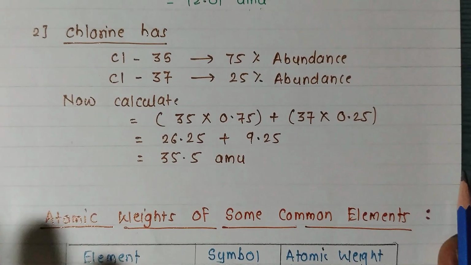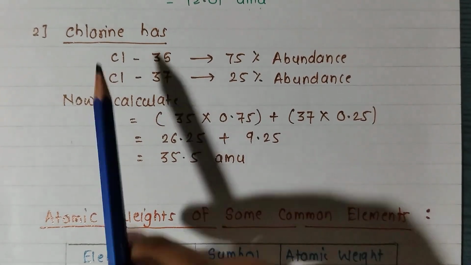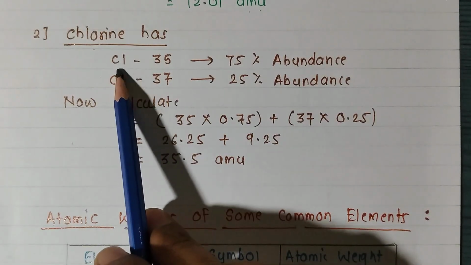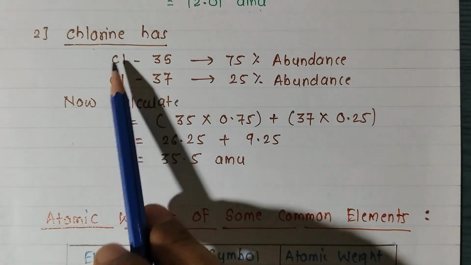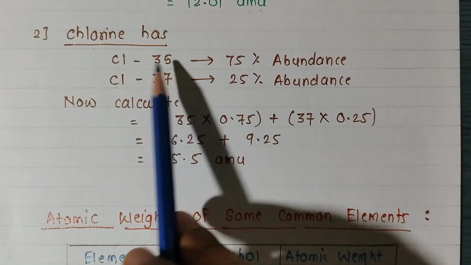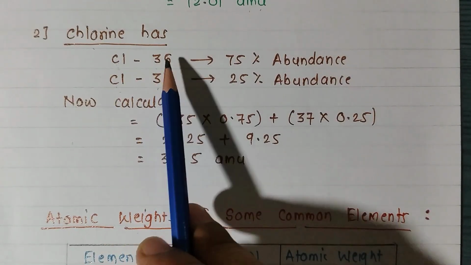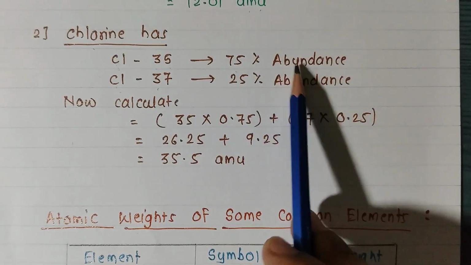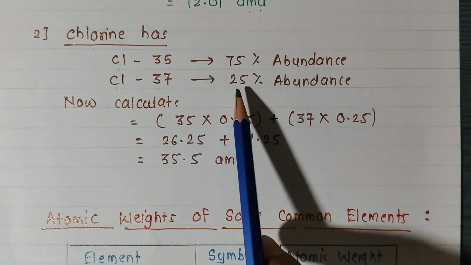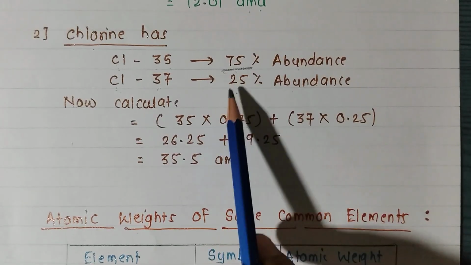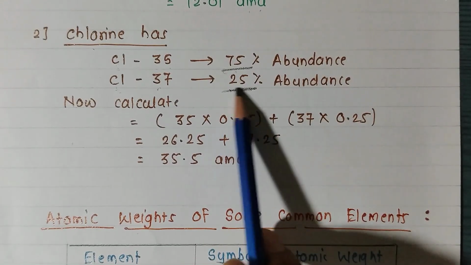Now we take another example to understand atomic weight. We take the example of chlorine. Chlorine has two types of isotopes, chlorine-35 and chlorine-37. Chlorine-35 has 75% abundance and chlorine-37 has 25% abundance. We do not use percentage here, we use the fraction.